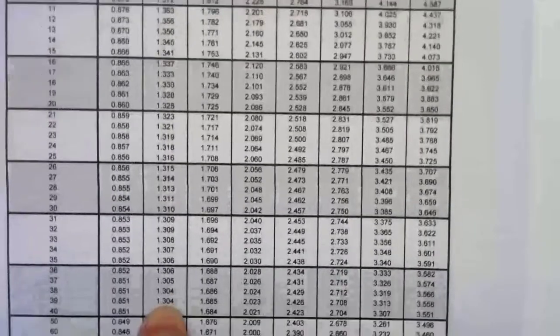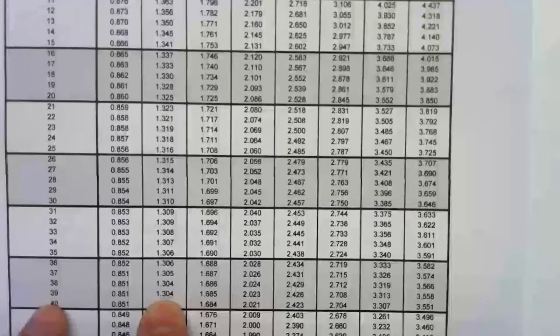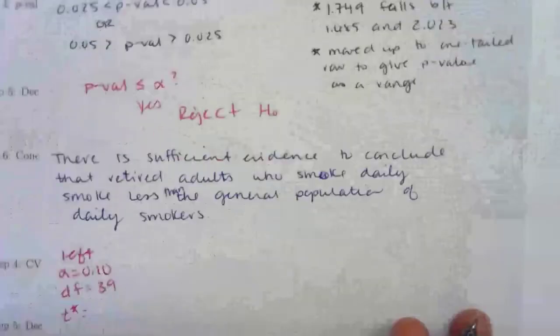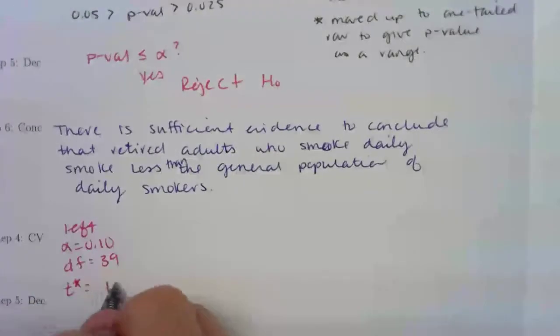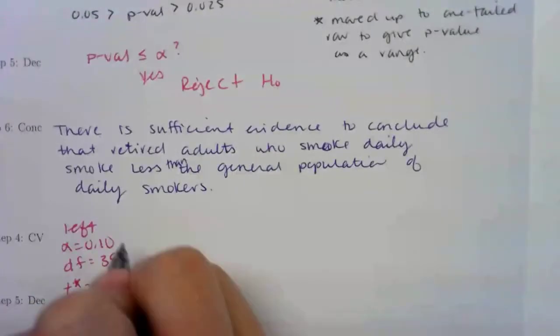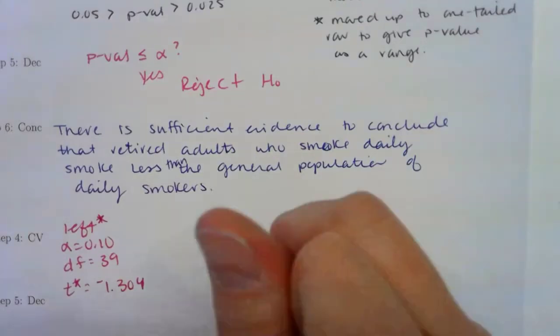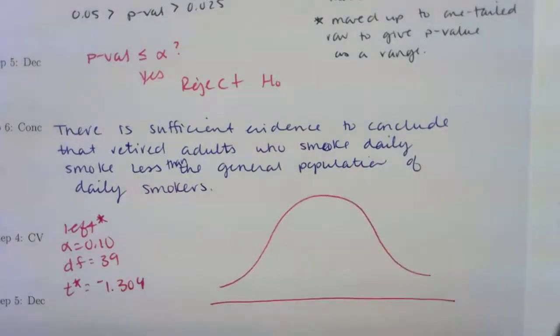When you match these up, 39 degrees of freedom, the value is 1.304. But remember, this is a left-tailed test, so we need to make that negative. Left-tailed tests, everything functions in the left tail. Right-tailed tests, everything functions in the right tail. And two-tailed, you're going to have things on both sides.